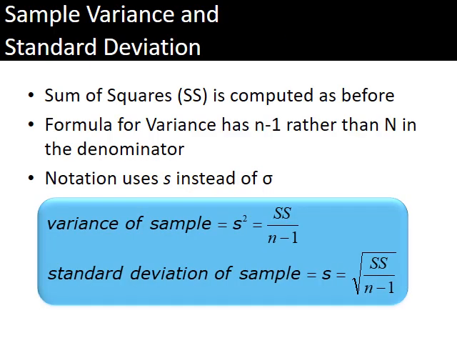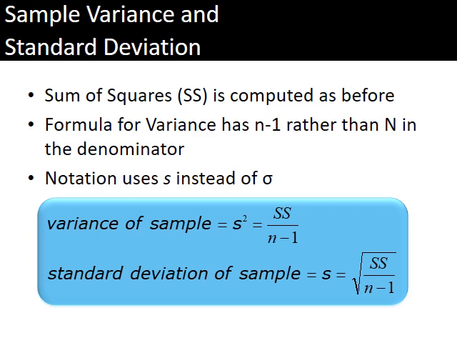And because we're going to make inferences about a population from our sample, we need to make an adjustment in how we calculate the variability of our sample to better reflect the variability of the population. So sum of squares is computed as before, but the formula for variance has n minus 1 rather than n in the denominator.